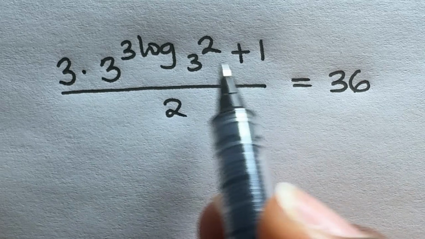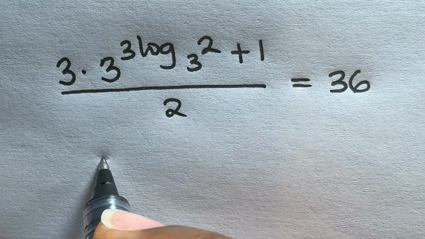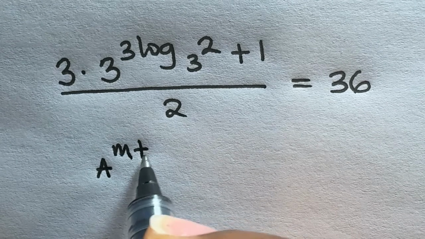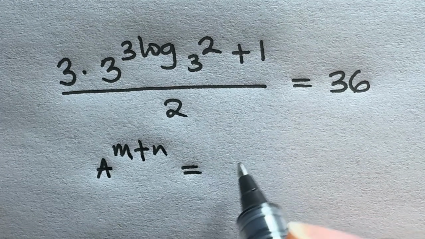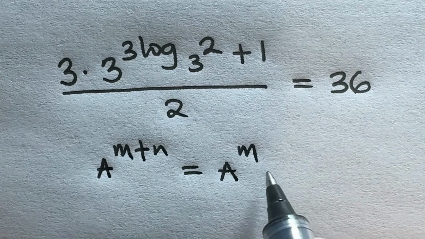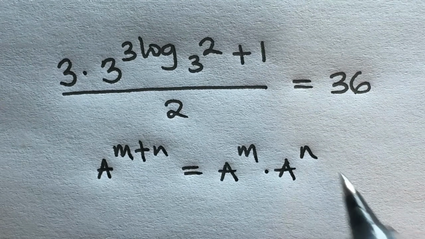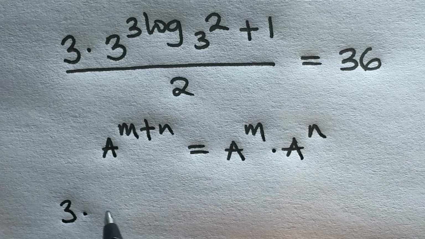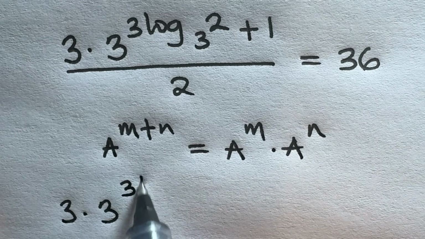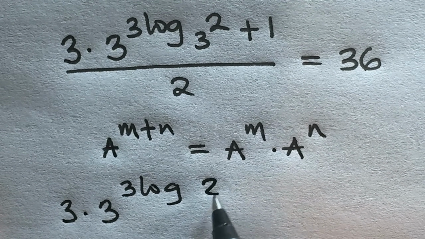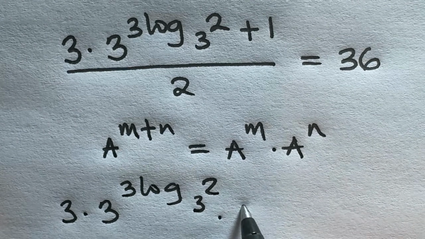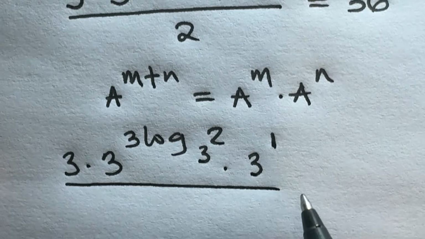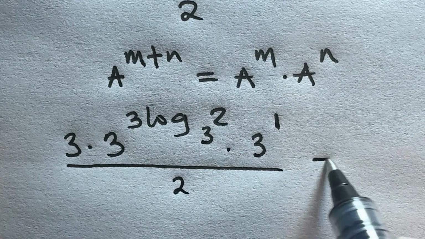Let us separate these powers to proceed. By the law of indices, given a raised to power m plus n, this will give us a raised to power m times a raised to power n. So this becomes 3 times 3 raised to power 3 log 2 base 3 times 3 raised to power 1, then divided by 2 to give us 36.